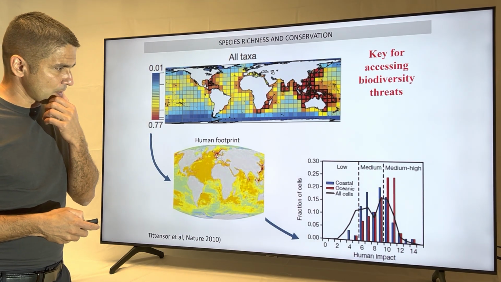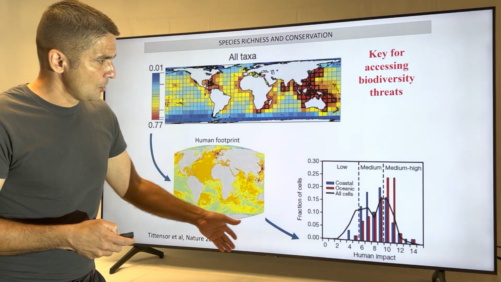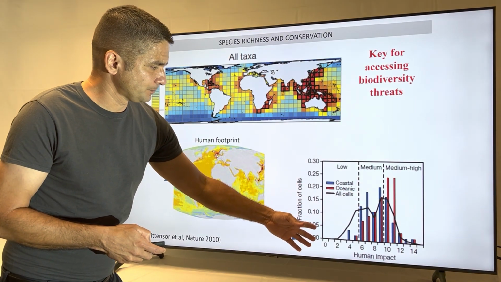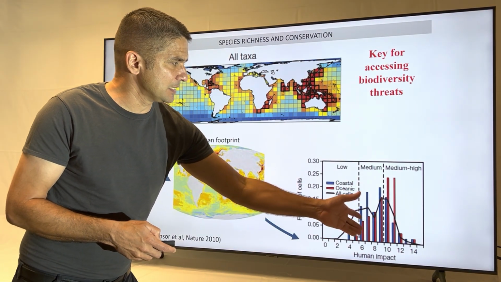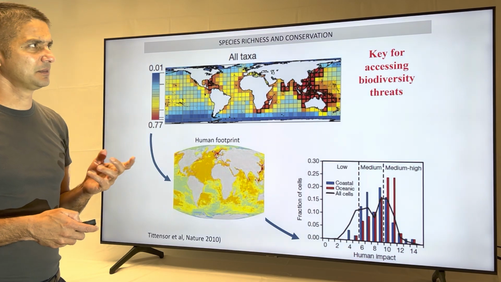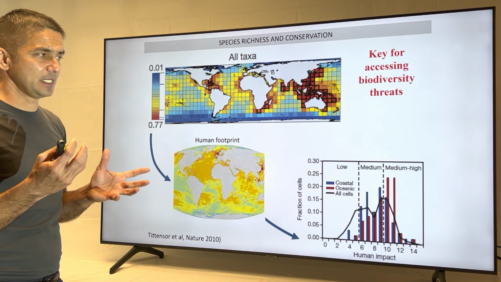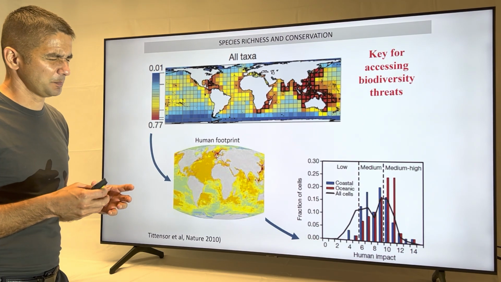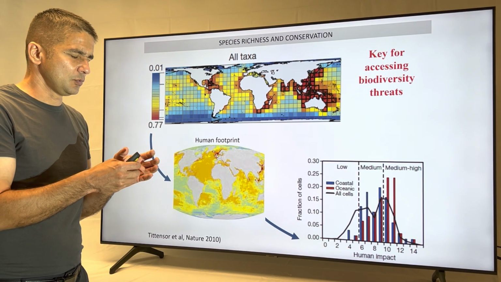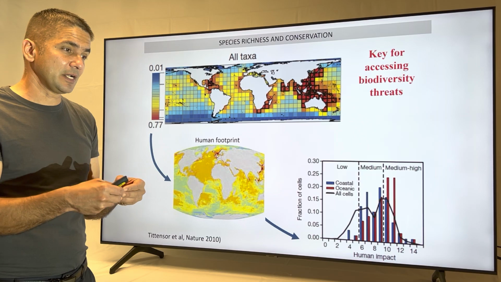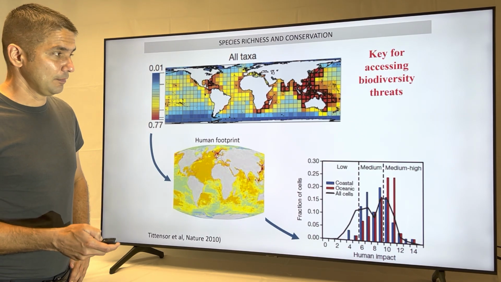And what he managed to show in this paper is that almost all of the pixels in the world are under areas that had high human impacts. And again, it's another interesting benefit of us better knowing these patterns of species richness, which is not only to know what areas need to be protected, but what areas are most at risk from humans.